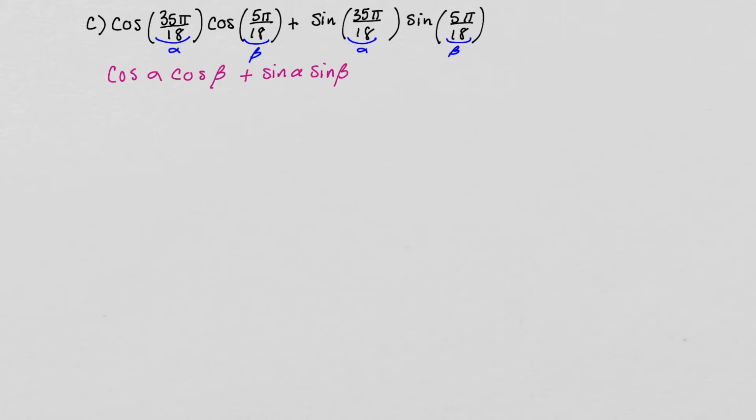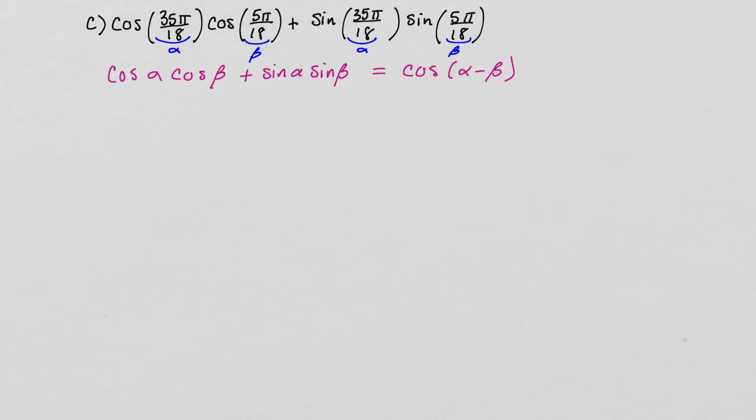And if you look at the sheet, cosine alpha, cosine beta, plus sine alpha, sine beta, that's actually the same as the cosine of alpha minus beta. So that at least gives us a starting point. Maybe if I take alpha and I subtract off beta, I'll actually get something that I happen to know.